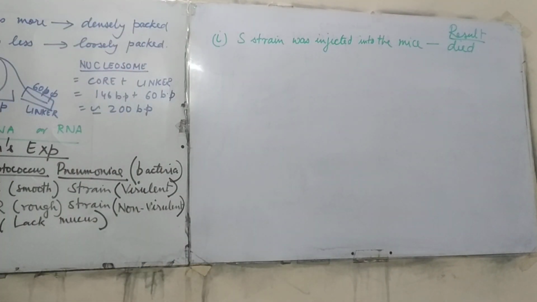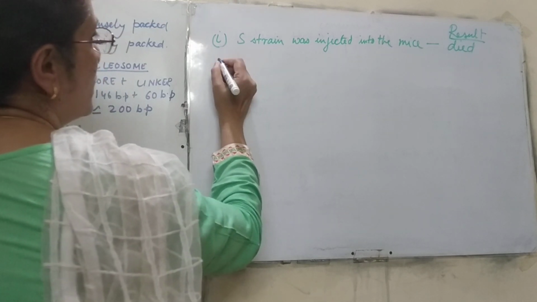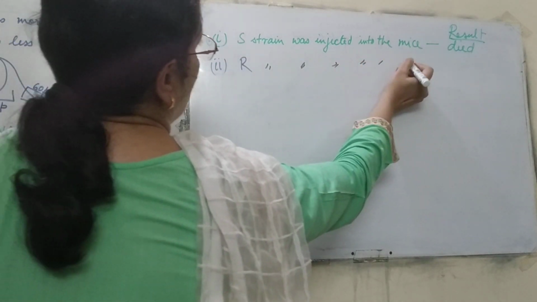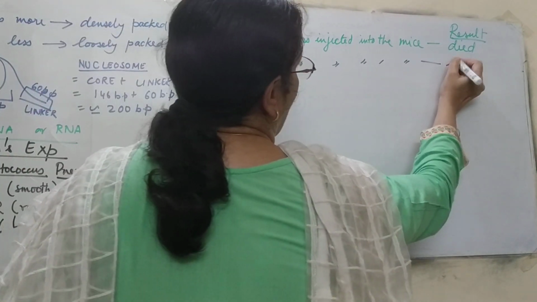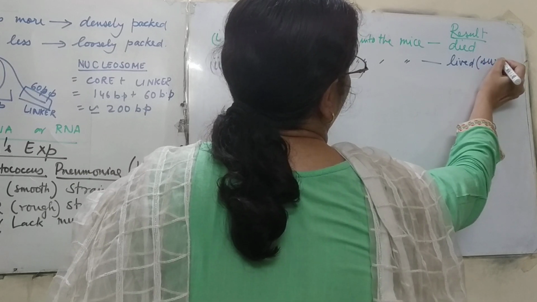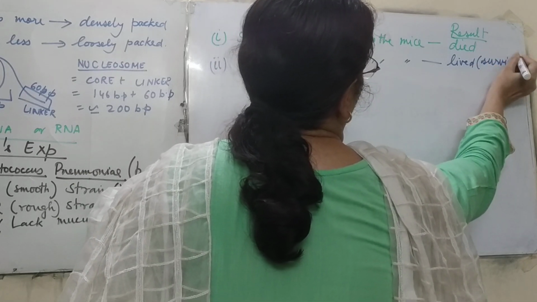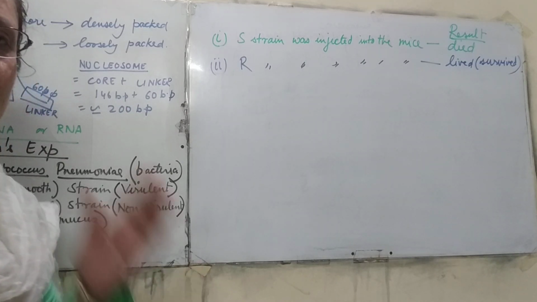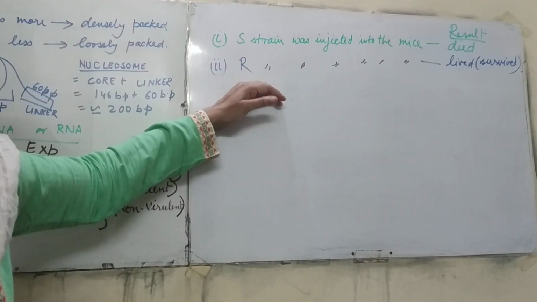Then in the second case, the R strain was injected into the mice. The mice survived, or rather it lived. That means the mice did not show any signs of pneumonia.